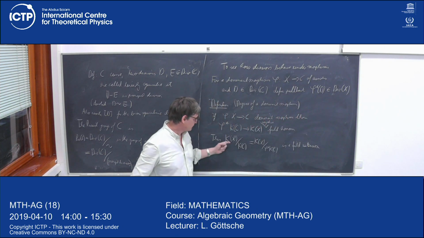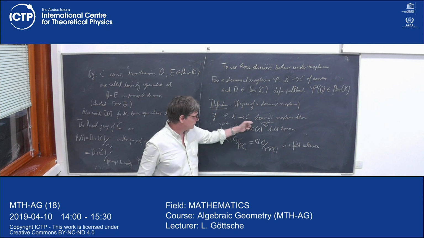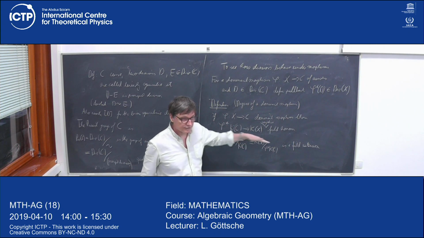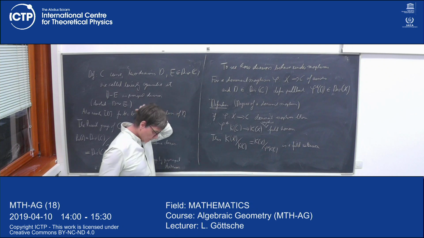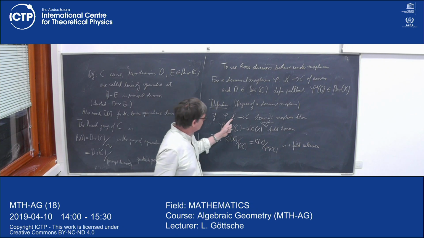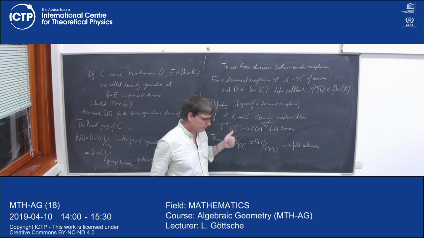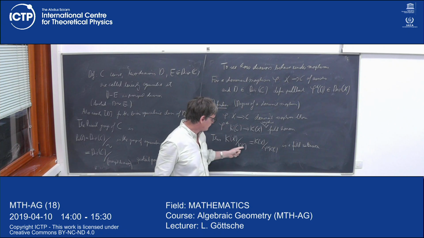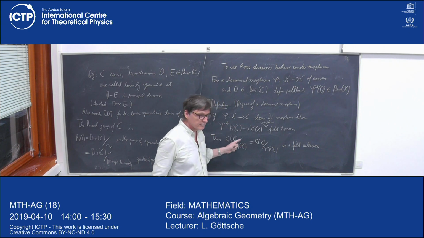So we have the rational functions on X over the rational functions on C as an extension of fields. And note that both X and C are curves, so these are two fields of transcendence degree 1.